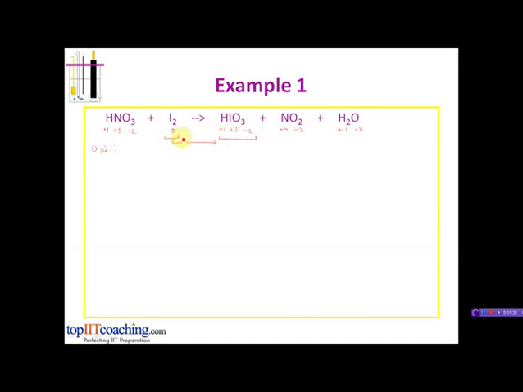So the change in oxidation state for iodine will be 0 minus 2 into +5. Since there are 2 iodine atoms, this will be equal to 0 minus 10, that is -10. -10 is the change in the oxidation state. Now let's have a look at the reduction.